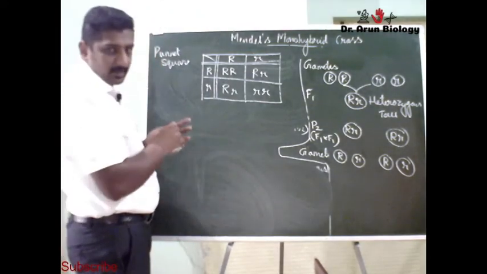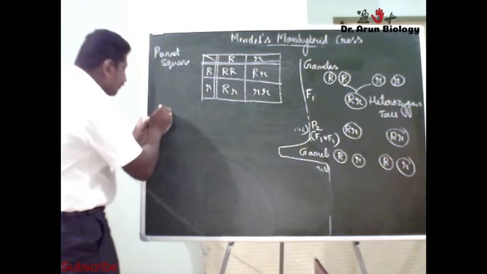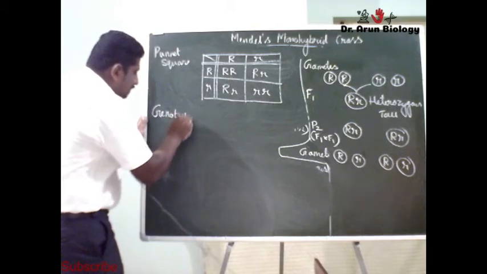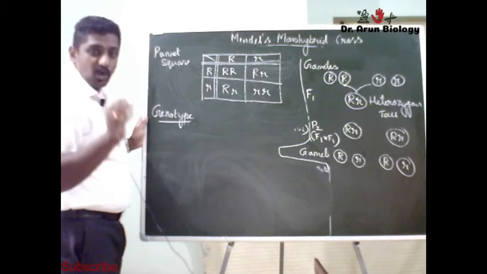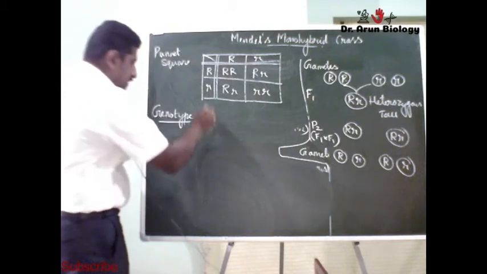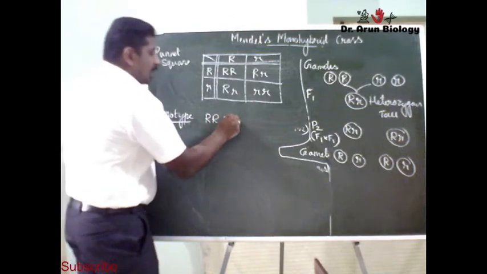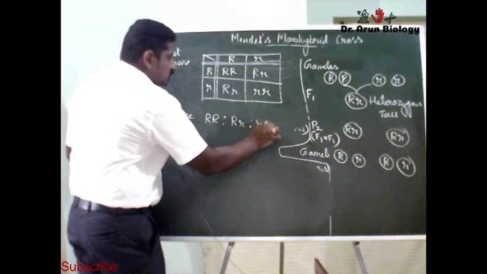After this, what has to be done? I'll tell you in a simple manner. After this, you have to start with the genotype. What is genotype? Genotype is the genetic constitution of an organism. That is capital R capital R, capital R small r, small r small r.